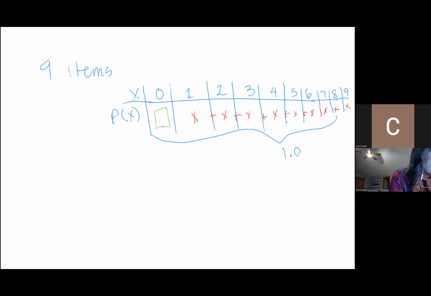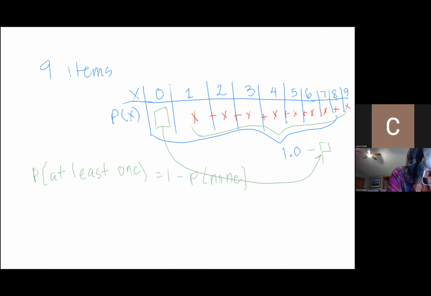So if I subtract the one I didn't add up from 1, that will leave this. So the probability of at least 1 is equal to 1 minus the probability of none. So what I need to ask myself is, what's the probability of no defects?